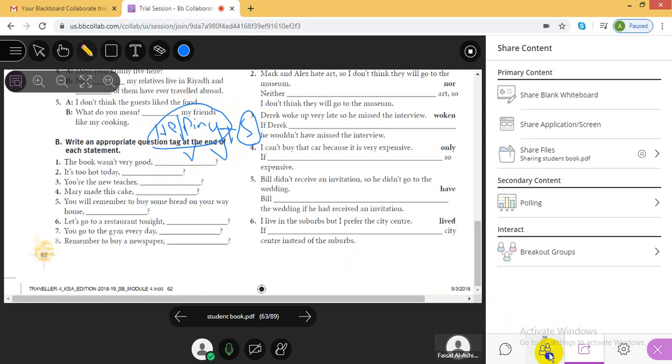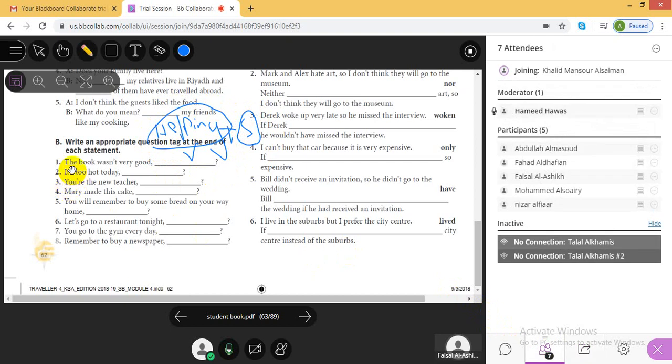In the first sentence, the book wasn't very good. I'm talking about the book. How can I form my question tag from that sentence? I will look at the helping verb here, wasn't.